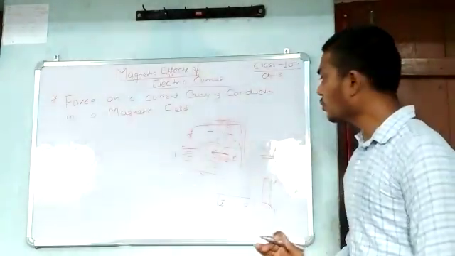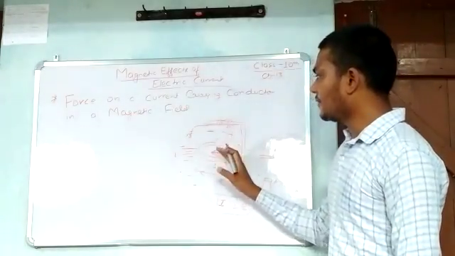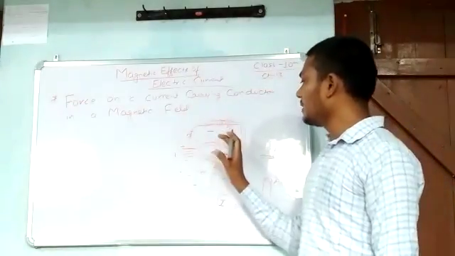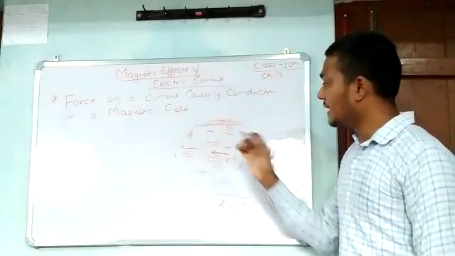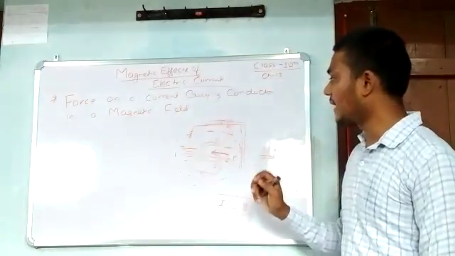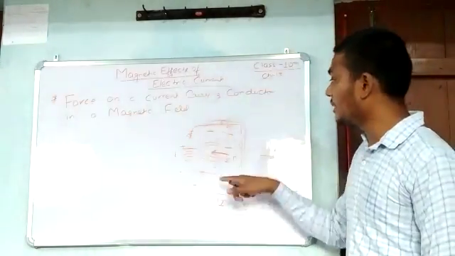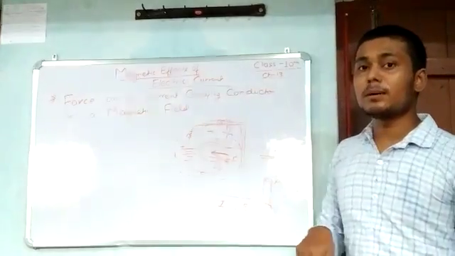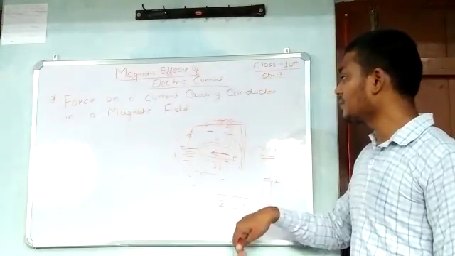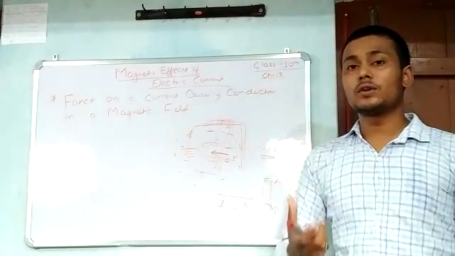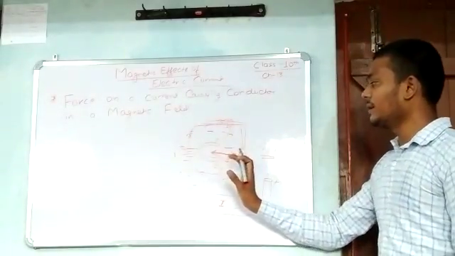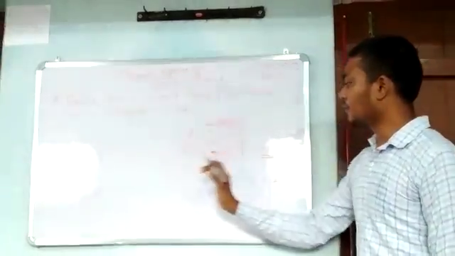Okay. So before, if current is not flowing in the rod, there is only the magnetic field due to this horseshoe magnet, and when current is flowing through it, it also produces some amount of magnetic field. Hence, we experience some amount of force in this activity, and this force is from here to here.